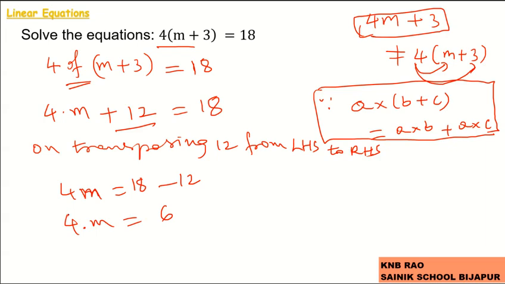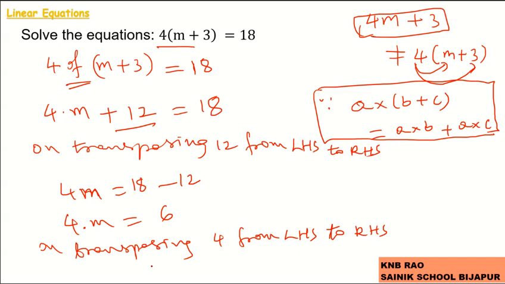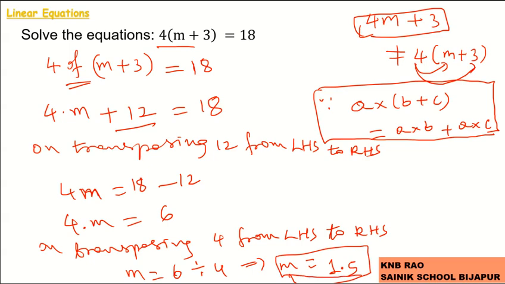Now, m is multiplying in LHS, if it goes that side, that is RHS side, it will divide on transposing 4 from LHS to RHS gives us m equal to 6 divided by 4 implies m equals to 3 by 2, or we can say 1.5. This is the solution. M equals to 1.5 is the solution of this equation.